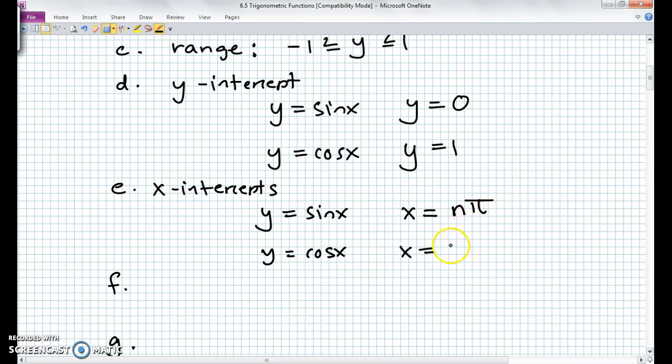It's pi over 2 plus n pi. Correct. Or 2n plus 1 times pi over 2. And in both of these cases, n has to be an integer. Okay, so it's odd multiples of pi over 2, or take the first zero and add multiples of pi to it, because the zeros repeat every pi. Okay?